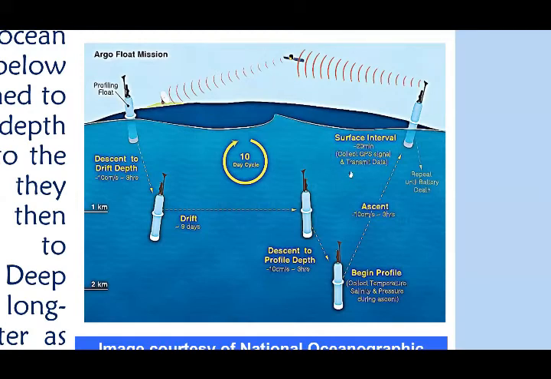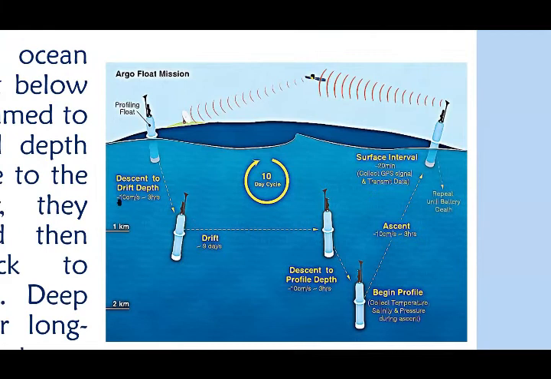So this is the Argo float mission, a type of deep ocean drifter. This is your profiling float, and then it can descend to drift depth. It will descend for 3 hours at a speed of about 10 centimeters per second. And then it will drift for 9 days.